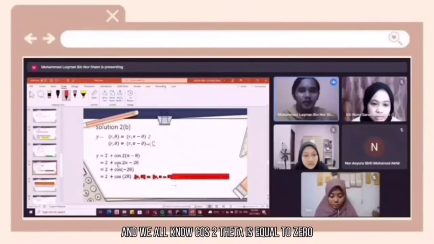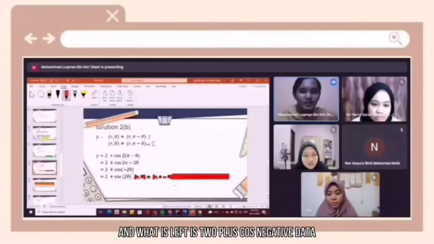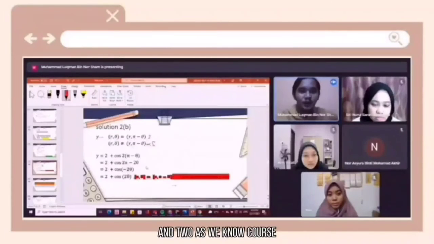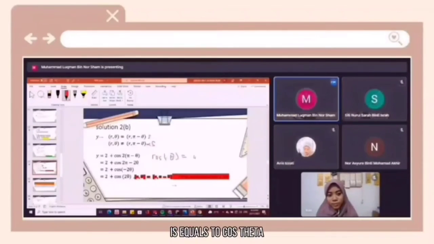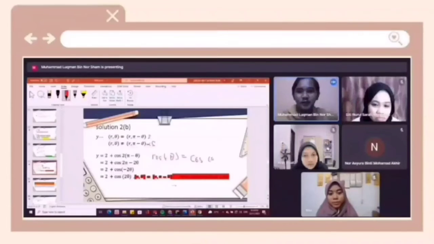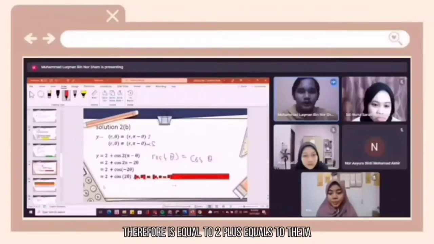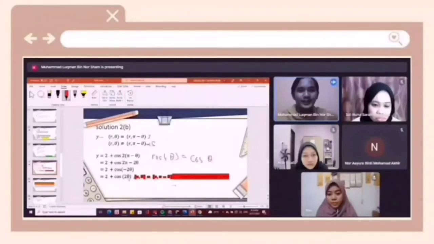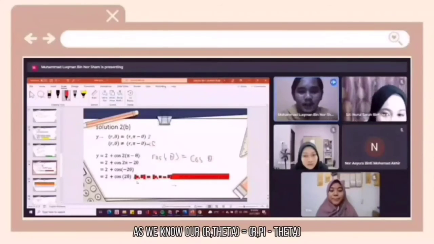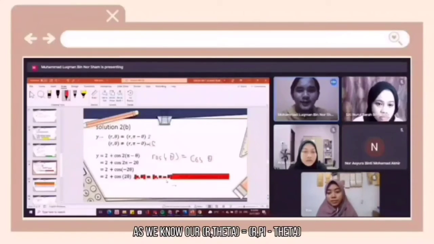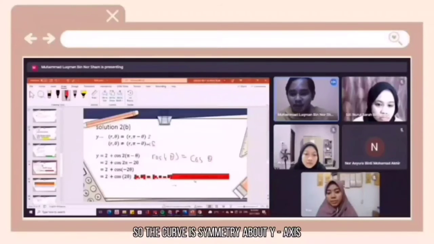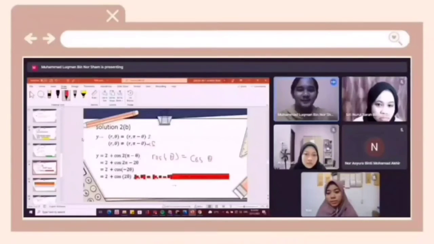As we know, cos 2 pi is 1, and what is left is 2 plus cos negative theta, and cos negative theta is equal to cos theta. Therefore, it is equal to 2 plus cos 2 theta. Hence, our r of theta is equal to r of pi minus theta. So the curve is symmetric about the y-axis.